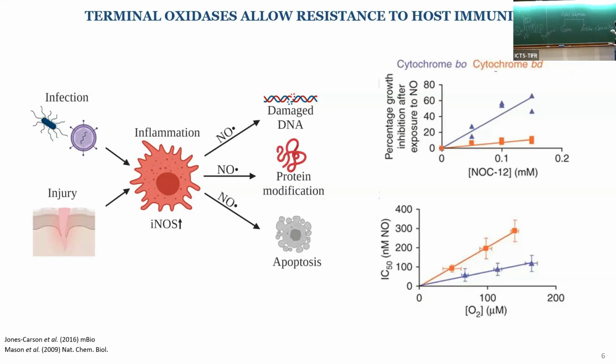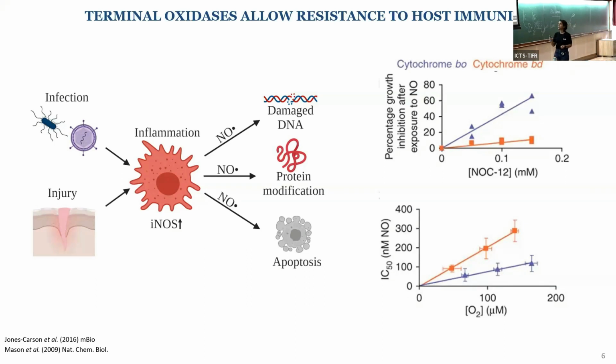So bacterial pathogens can either resist this immune response or they can exploit this immune response. Many times they do both of the things, and we'll once again see examples of each of those processes.